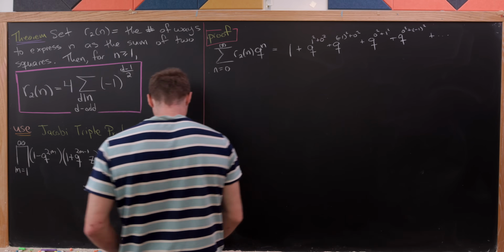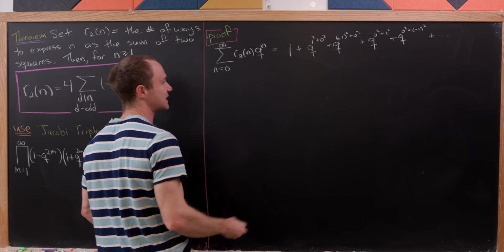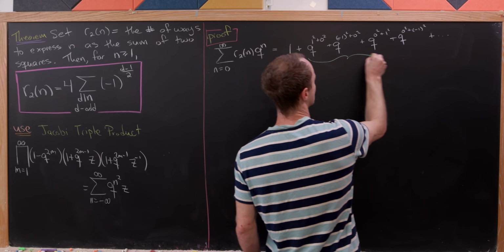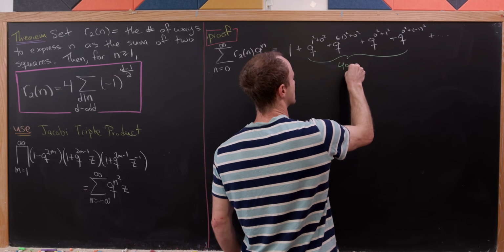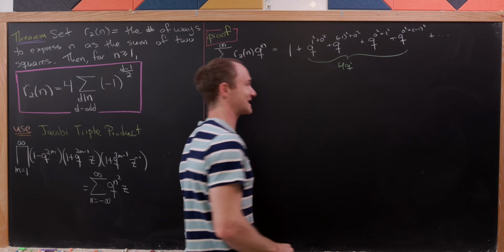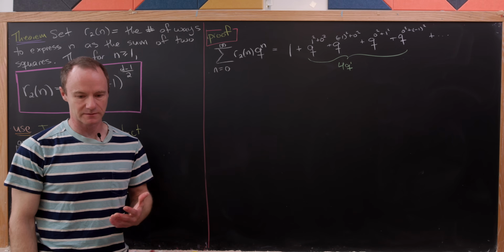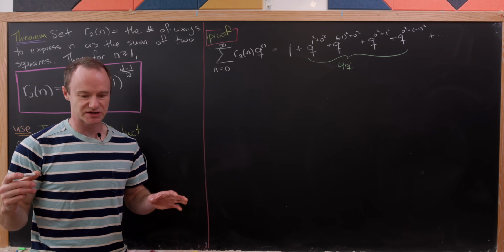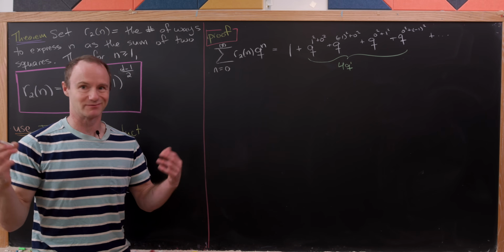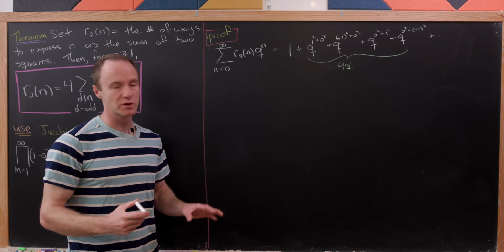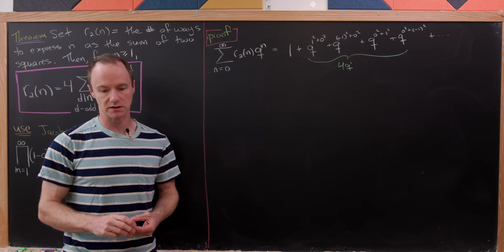I'm taking this term right here, which is 4 times q to the first power, and expanding it like this because I'm going to perform a factorization. Once you've seen factorizations like this it's an obvious factorization, but before you've seen it, it's a little bit gnarly to look at.